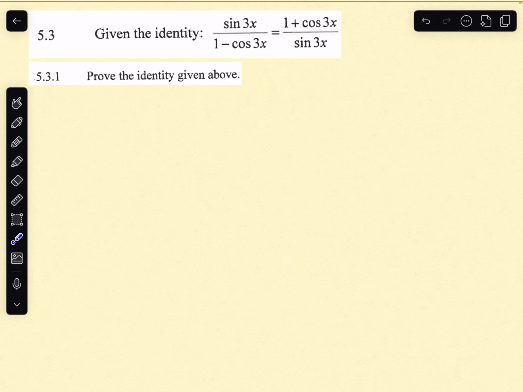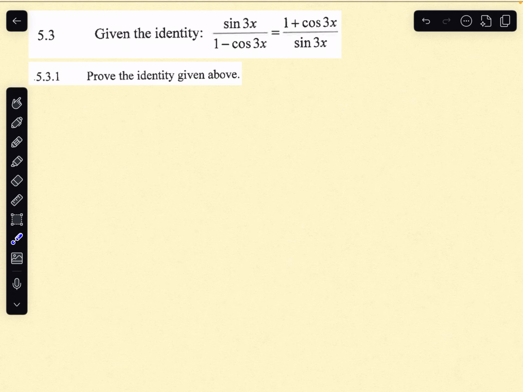And I am fully aware that I'm using a cheat code, but maybe that is something to add to your library of possible approaches with identities. But the giveaway in this case is that you go from having a 1 minus cos 3x in the denominator on one side to having a 1 plus cos 3x at the top on the other side.